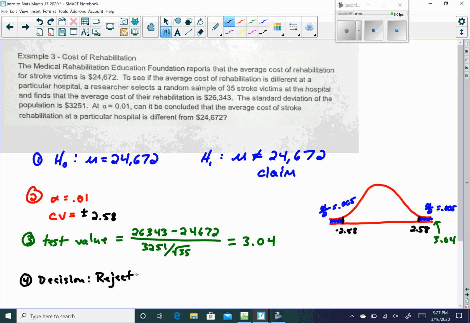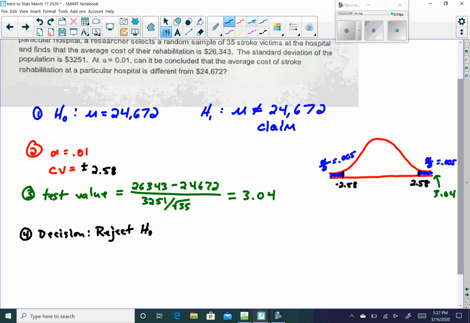Now, once we start writing these for a while, you don't have to keep writing decision. You don't even have to number them, but please, I would still show them this way, that we could just say reject the null hypothesis and then write the summary after it. Again, you don't have to write the word summary. Alright, so our claim again is the alternative hypothesis.